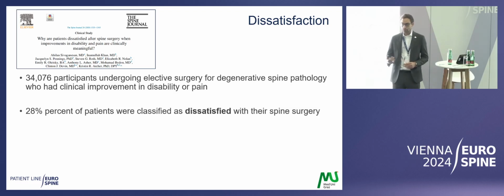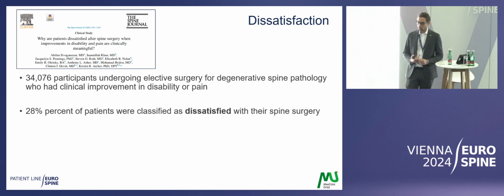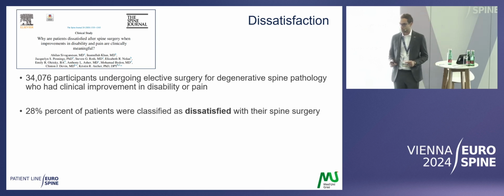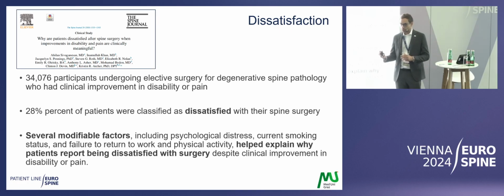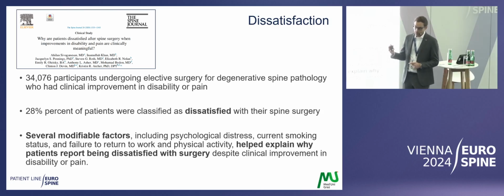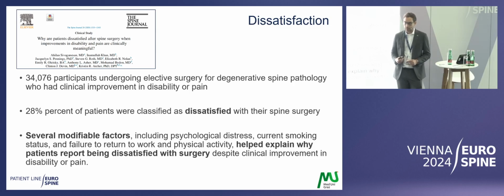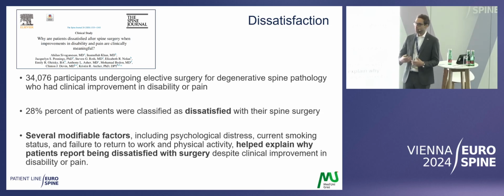And they all improved clinically in a meaningful way, but nearly a third of the patients still were dissatisfied with their spine surgery actually. And they found several modifiable factors like psychological distress again, the smoking status, or the failure to return to work or physical activities, which help to explain why the patients are still dissatisfied with their surgery, although they had less pain and were more mobile.